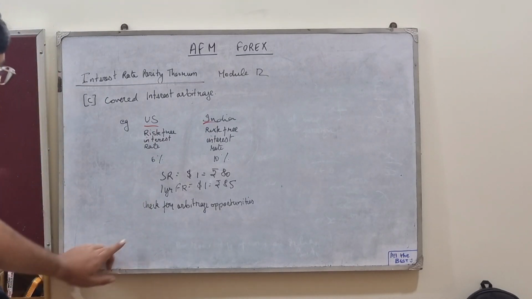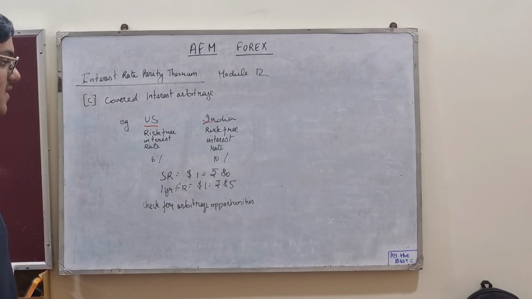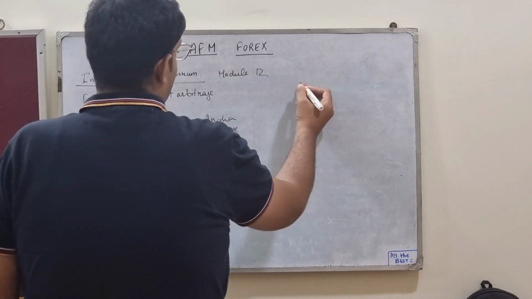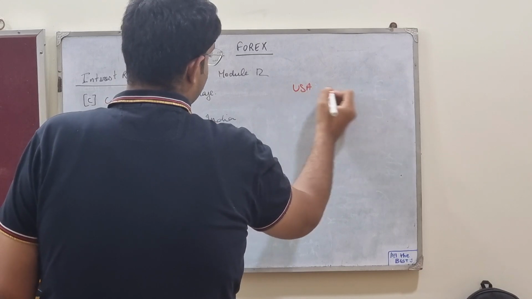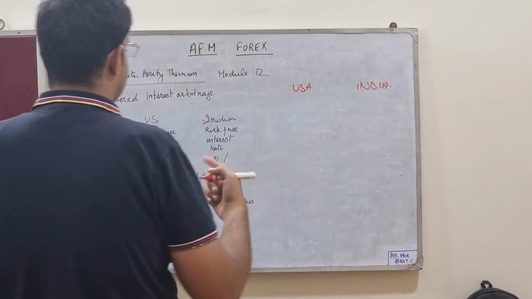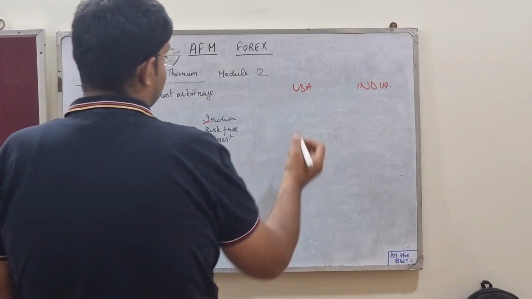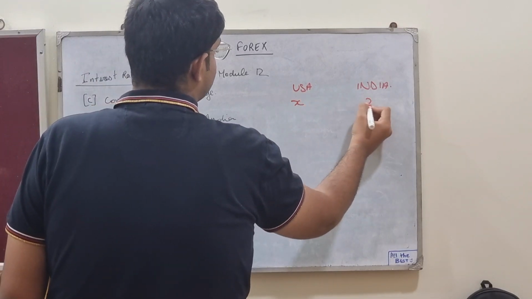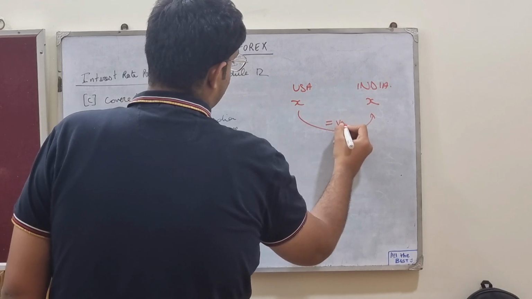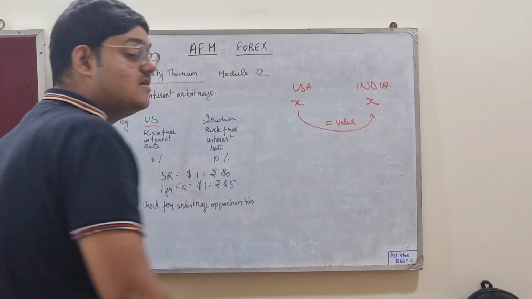Now we need to check if there are any arbitrage opportunities. Basically, by arbitrage opportunities, what we mean is, this is US, this is India. The interest rate parity theorem says that if I invest X amount here, X amount here, they should end up being the same value, right?